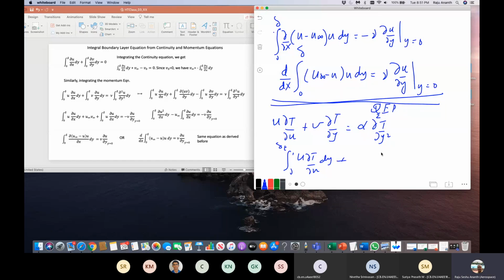So this can be converted into the integral from 0 to delta T of d(vT)/dy, this should be x, I'm sorry, dy, minus T dv/dy.